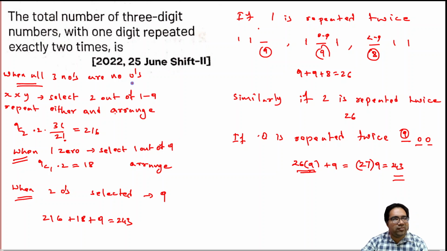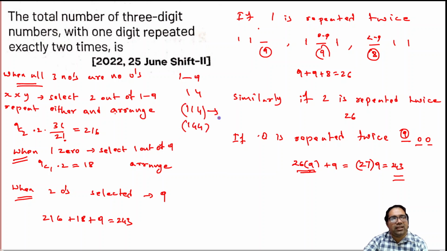When all three are non-zeros, we get numbers like x, x, y, where x and y both are not zeros. That means we have to select two out of nine numbers between 1 to 9, for example 1 and 4. And we can make either of them repeat, so 114 or 144.